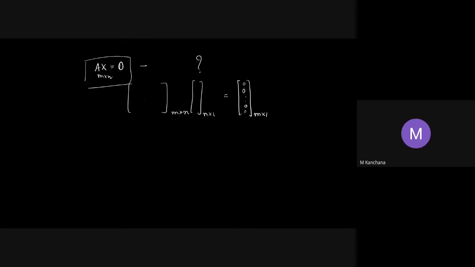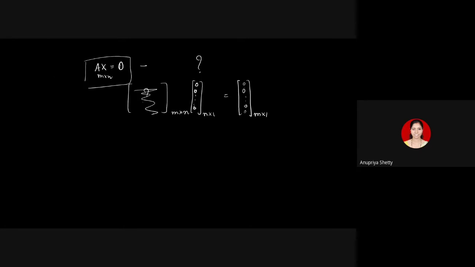What entries can I take in that column so that when I multiply it with any matrix it will result in the zero column? Zero. Zero. You take an n by 1 column where all the entries are zeros. Whatever the entries in A, I don't know what is there in A, but whatever A has, when you multiply that with the column containing zeros, you will always get zero.